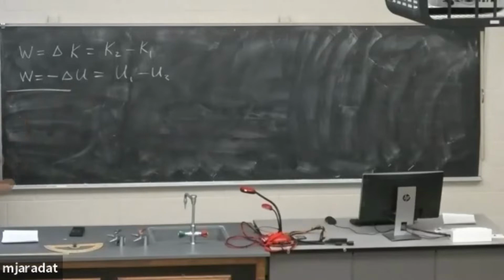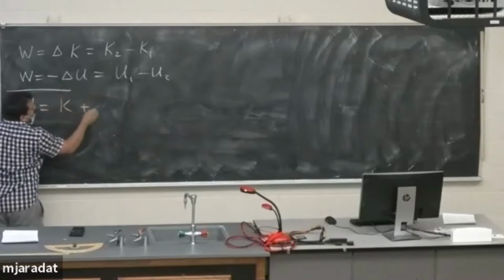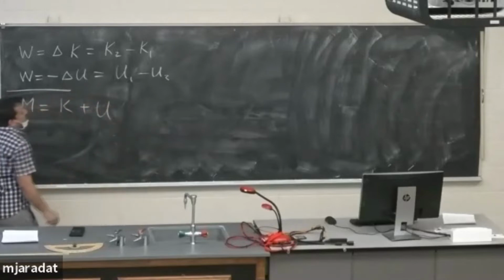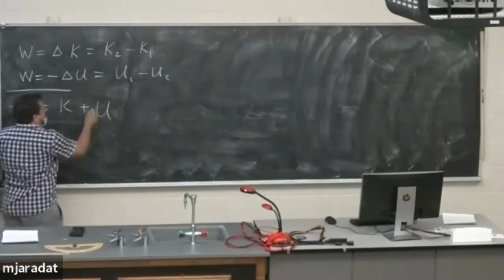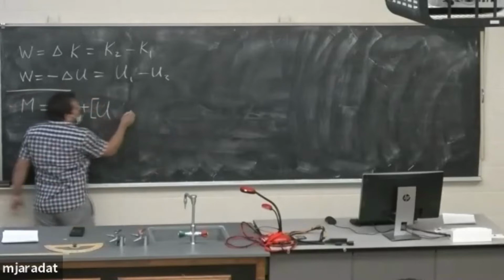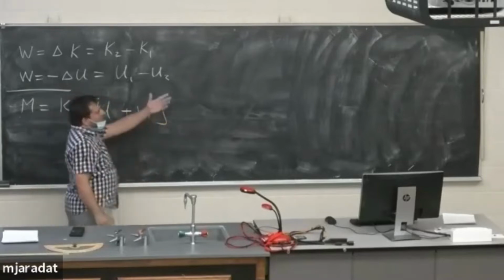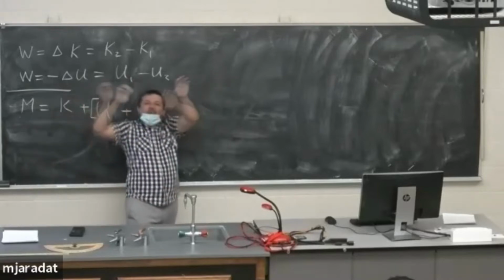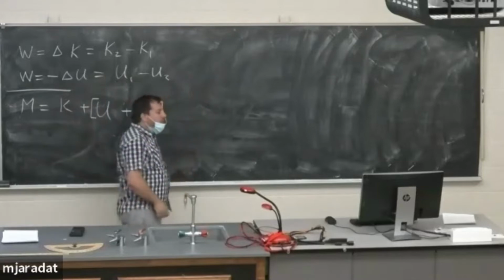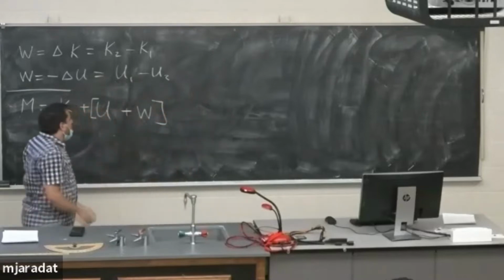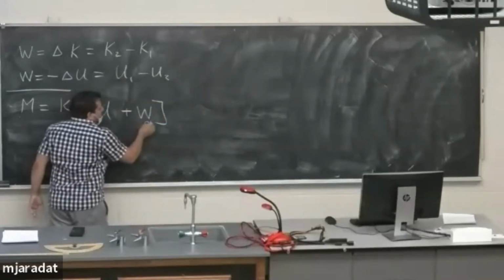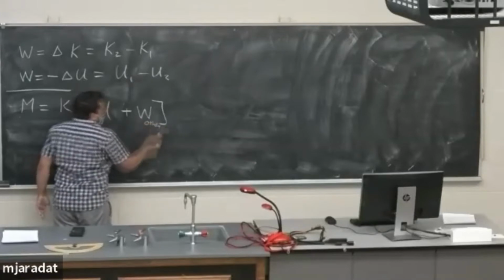And the mechanical energy is equal to the kinetic energy plus the potential energy, plus any other work. If you remember from the books, we have work that jumps from type to type of energy. We have work from any other source.